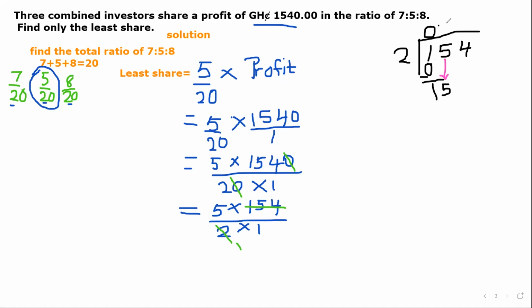That is 7. Then to confirm whether there will still be a remainder, use the 7 to multiply the 2, 7 times 2, and subtract it from the 15. That is 14 here. So when you subtract the 14 from 15, here will be 1 and here is 0. 01 is the same as 1.